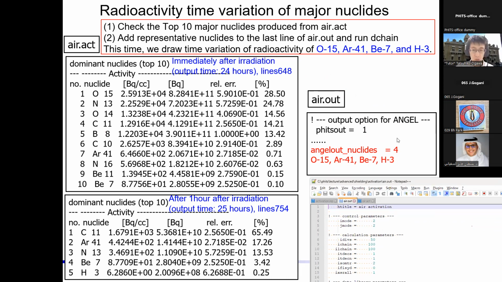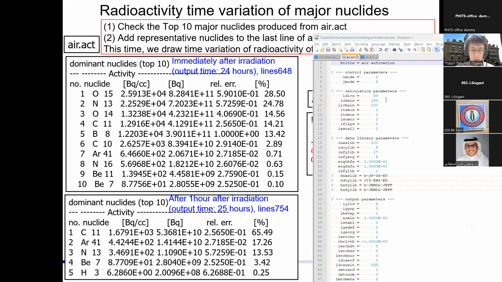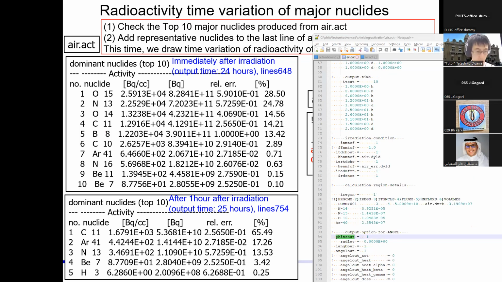In air.out, we can insert these lines after the line saying fits out equals 1.